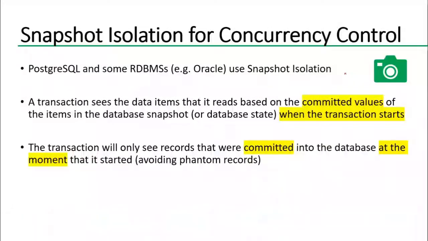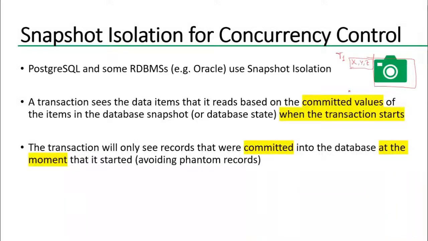All right, this point is interesting. We talk about one problem of snapshot isolation that you probably already noticed. At the beginning of transaction T1, you take a snapshot of the current state of the database items you're going to read, and you work with this version of the items.